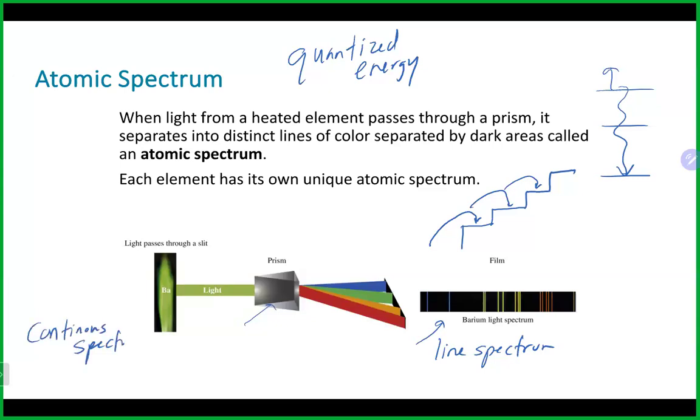That is different than, say, something like the sun, which gives off a continuous spectrum. What that means is instead of the staircase example, you could think of it like a ramp, right? If you're walking up a ramp, you could stop anywhere you like on that ramp. You could stop anywhere, you'll be fine, no big deal. Everything comes off at once. And that's sort of what happens.